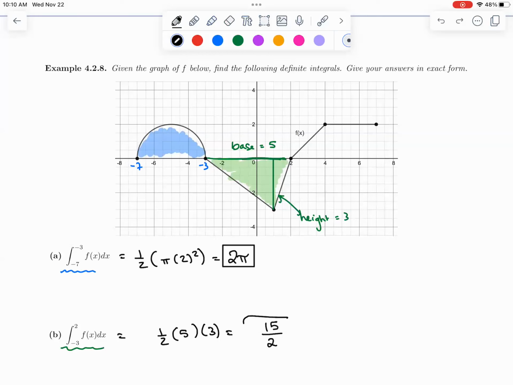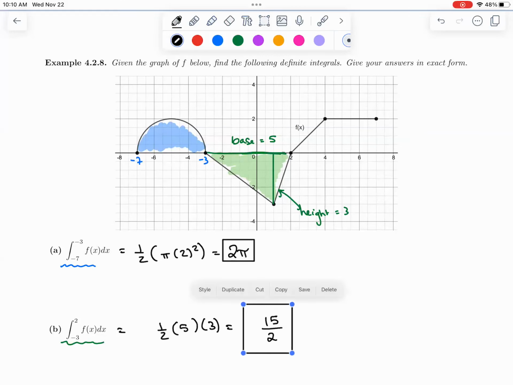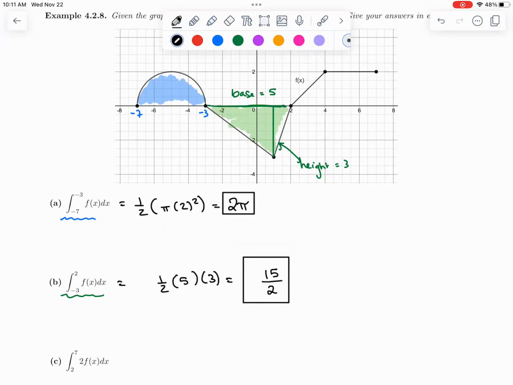Remember, this is talking about a definite integral only. This isn't talking about the area. If it said the area of the green shaded region, then the answer would be 15 halves. But this is asking about the definite integral from -3 to 2. So this should be negative.